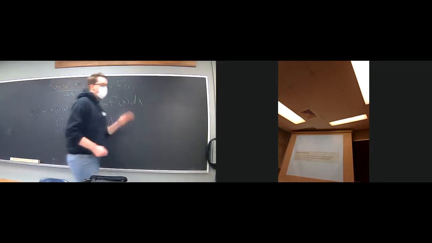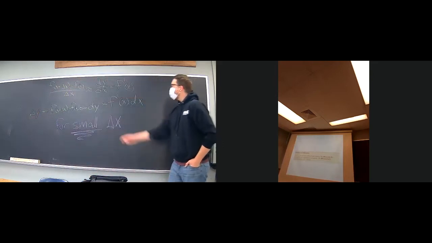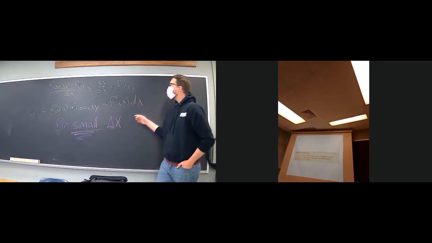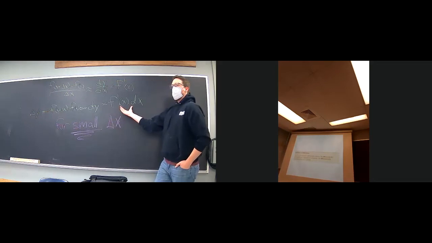So because of this, we can go one step further. Say, well, hey, if dy is approximately equal to delta y, and dy is equal to f prime dx, then we can approximate delta y with f prime dx. So we have two different things going on here.